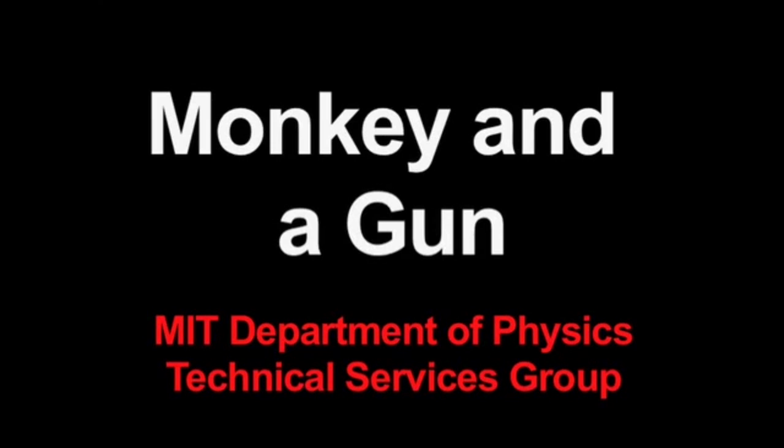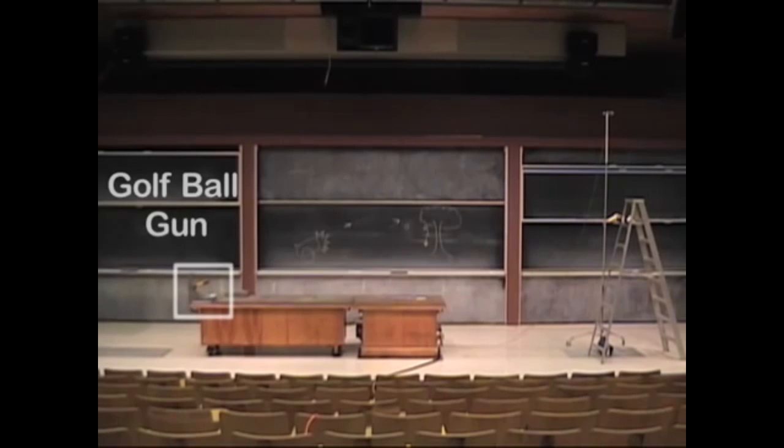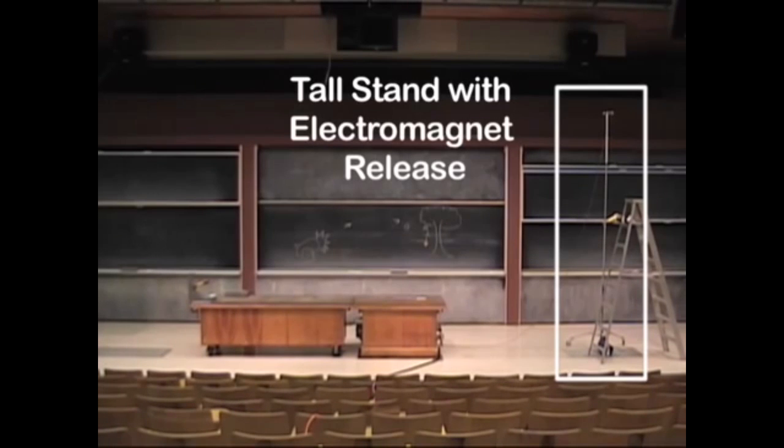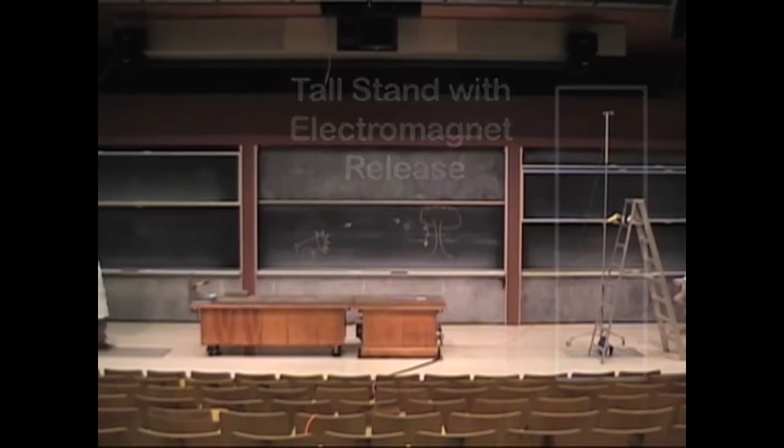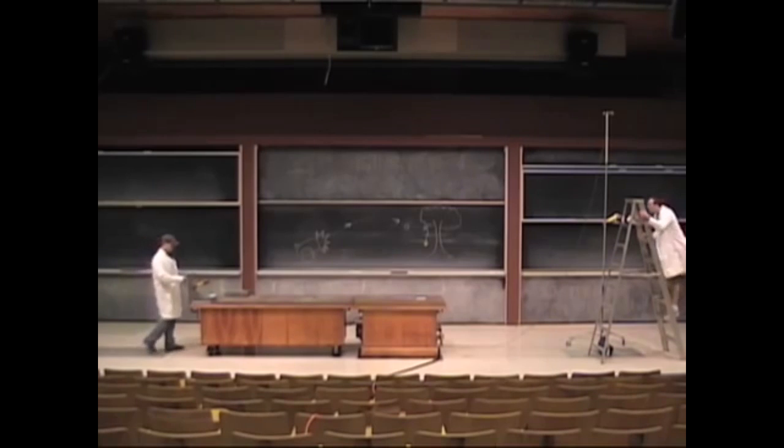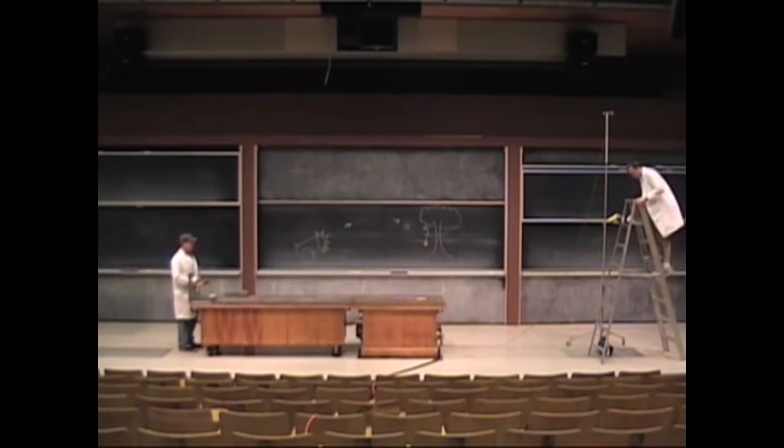Here's an experiment that was shown to me when I was in college. My instructor called it the monkey and the hunter, but here at the MIT physics department, they call it the monkey and the gun. So that tall stand has an electromagnet, and it will release the monkey at the same instant that the ball is fired from the gun.